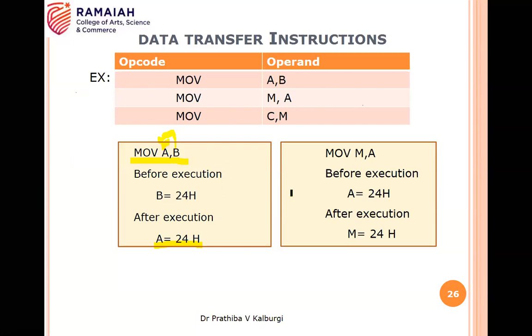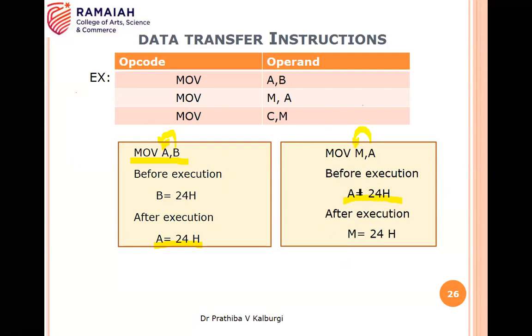Similarly, we have one more instruction, MOV M, A. What is there in A now? 24. Assume that you have 24 in your A register. So this 24 will be moved into which register? M. What is this M? M is a register which is going to point to your HL register pair.